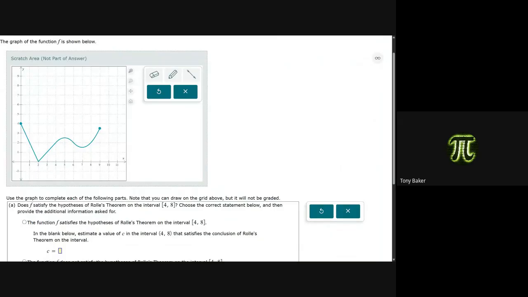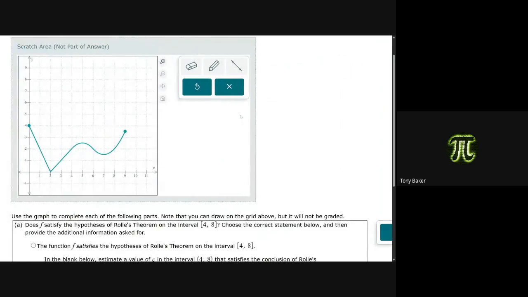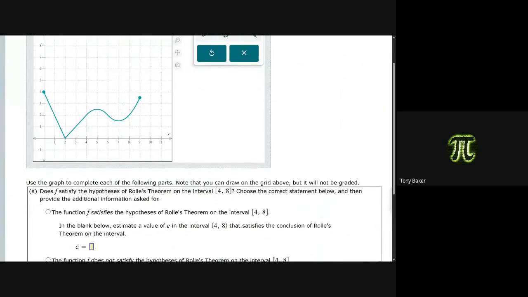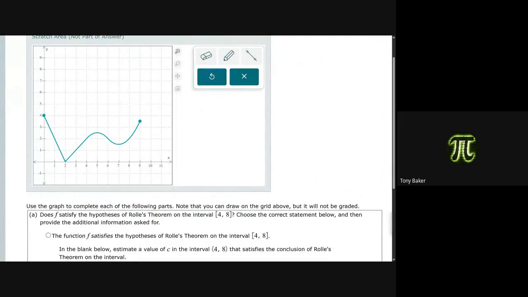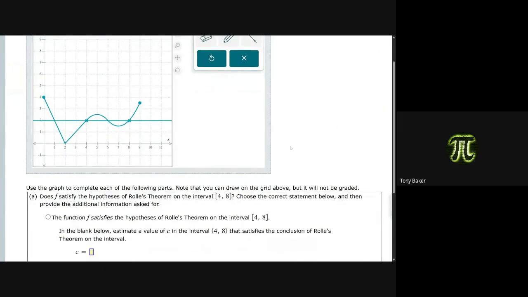Oh, good. One for Rolle's rule that might actually work. All right. Rolle's theorem 4 to 8. They're equal. Is it continuous? Is it differentiable? Yep. So it does work.